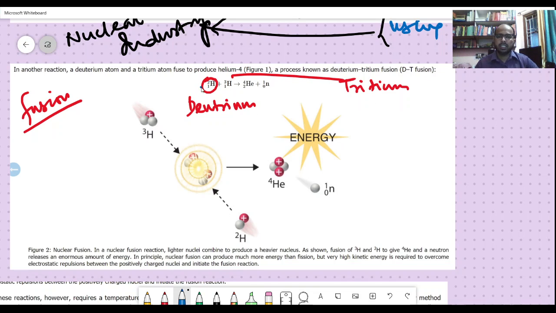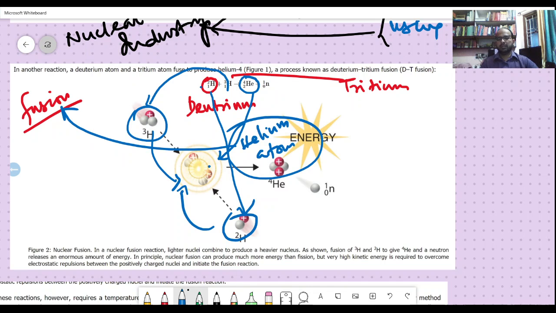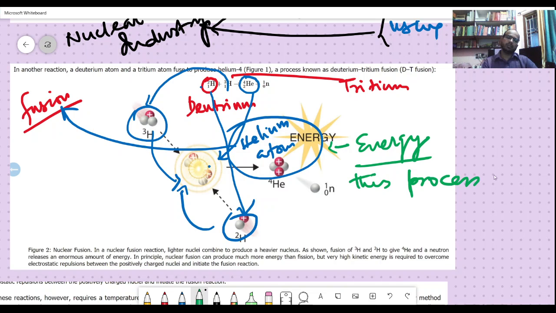These two join together to give a helium atom. This is called fusion, and it releases a lot of energy. This process is what is taking place in the sun.